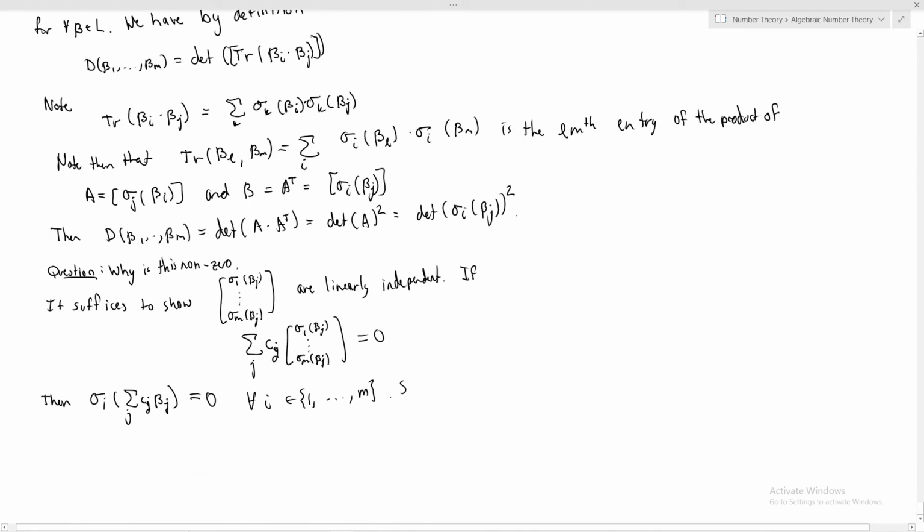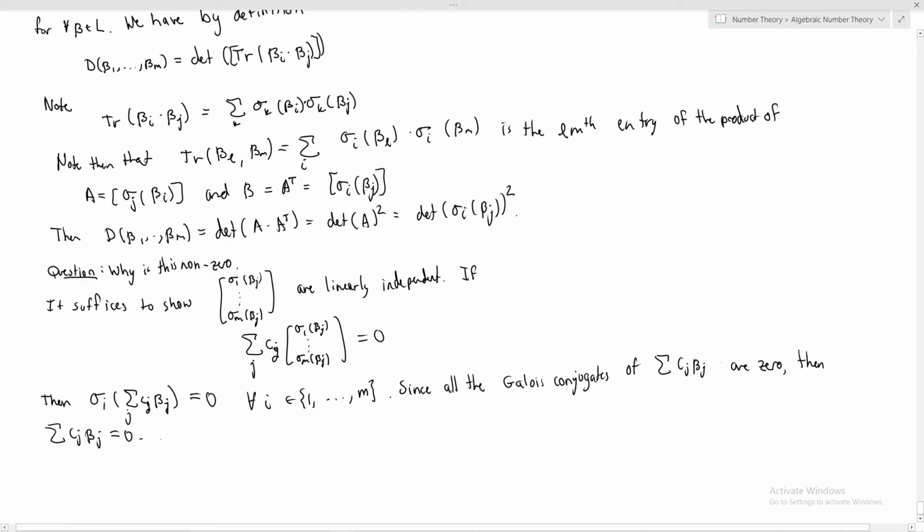So since all the Galois conjugates of this guy, c_j beta sub j, are 0, this thing is also 0. So c_j beta sub j equals 0.